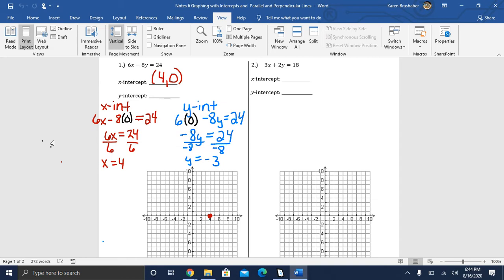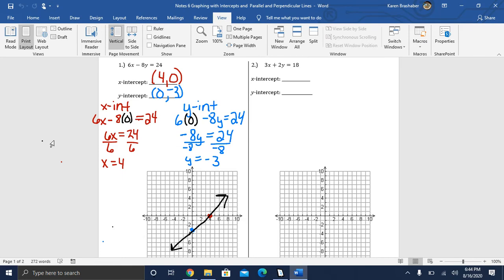I want to write that in the blank. 0, negative 3. And then I want to plot that point. It's on the y-axis. And then you'll be asked to draw a line that connects both the x and the y-intercept. So I'm going to try to carefully draw through both of those points.